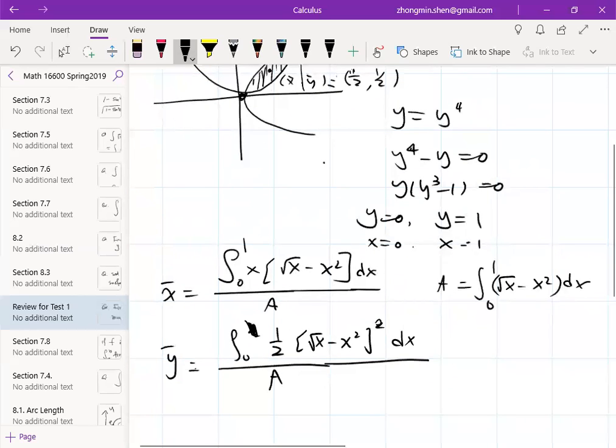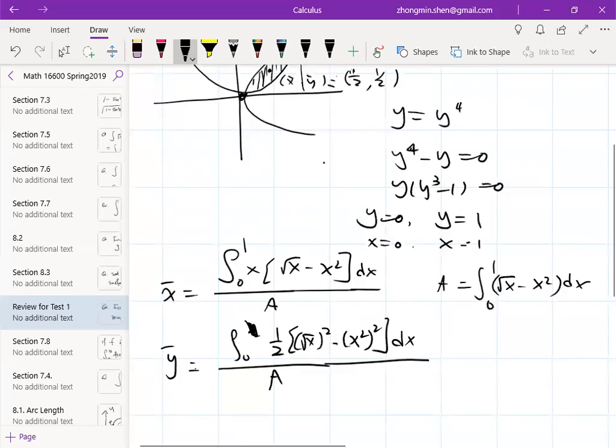This is f squared minus g squared, the difference of the squares of the two functions.